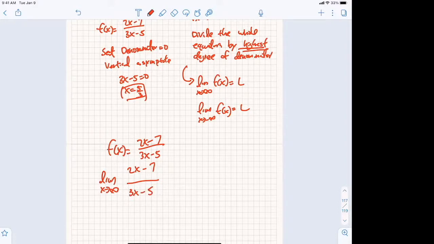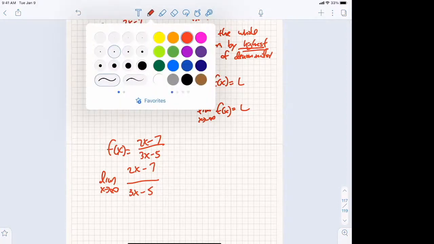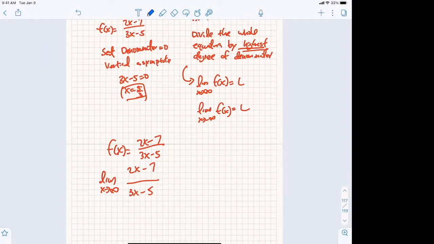Just like what we did with question 4, if I multiply by 1 over x here and 1 over x there, that's still 1. Did I break any math? I distribute it, and that's equal to the limit as x approaches infinity of 2 minus 7 over x, over 3 minus 5 over x. Does that make sense? I just simplify. The x and x cancel out.